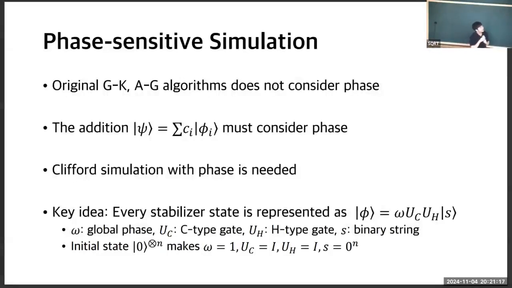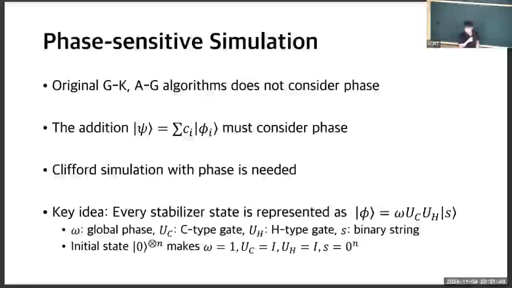And the key idea is that every stabilizer state, or state that can be generated by Clifford gates, can be represented as phi equals omega UC UH applied to S, where omega stands for a global phase, UC is a C-type gate, UH is an H-type gate, and S is a binary string, so 0 to 0 or 1 to 1.